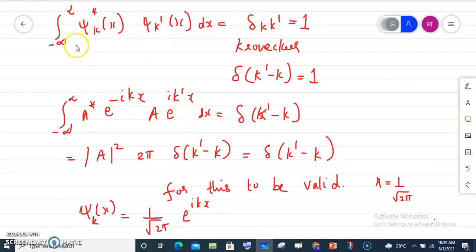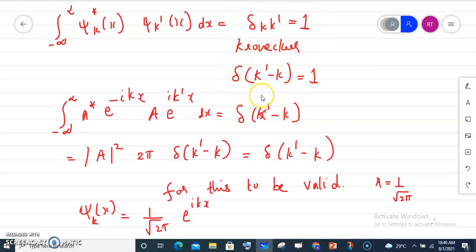Let us derive the normalization condition. Integral from minus infinity to plus infinity of psi k star psi k prime dx is equal to delta k k prime, which is equal to 1. If the eigenvalues are discrete values, then we can use the Kronecker delta symbol, that is delta k k prime is equal to 1.